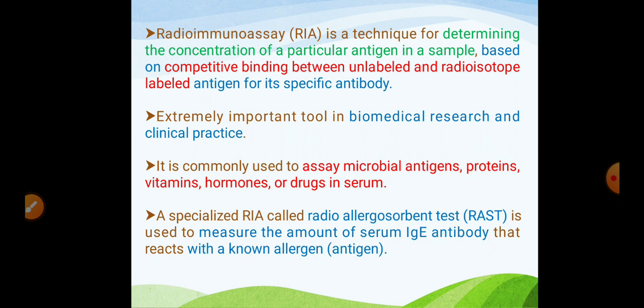It is an important tool in biomedical research as well as clinical practice. It is commonly used to determine microbial antigens, proteins, vitamins, hormones or drugs in serum in very minimal concentrations.